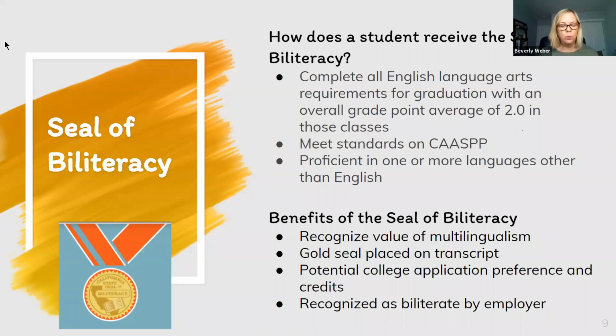One way we celebrate the students' multilingualism is through the Seal of Biliteracy. The Seal of Biliteracy program recognizes high school graduates who have attained a high level of proficiency in speaking, reading, and writing one or more languages in addition to English.